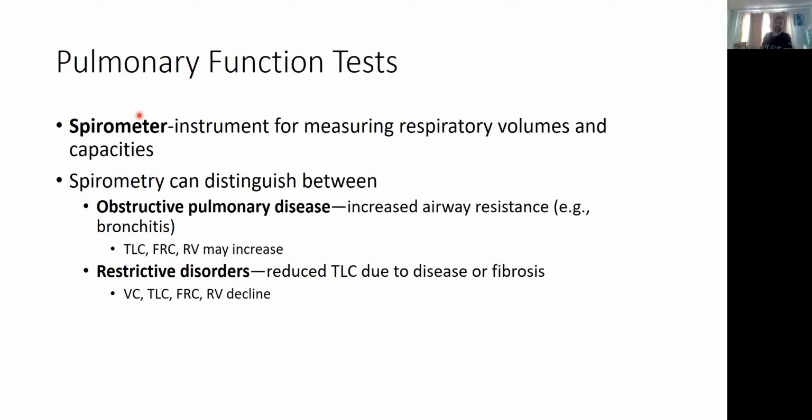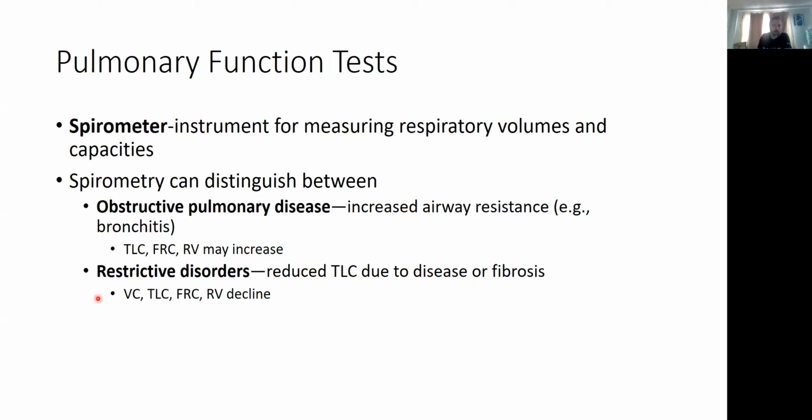One of the reasons that we use spirometry is that it can help us distinguish between a couple of different kinds of problems when someone's having some respiratory issues. It can distinguish between obstructive pulmonary disease, things like COPD, right, or bronchitis, or restrictive disorders where we've lost total lung capacity because of disease, okay, pneumonia, stuff like that, or fibrosis.